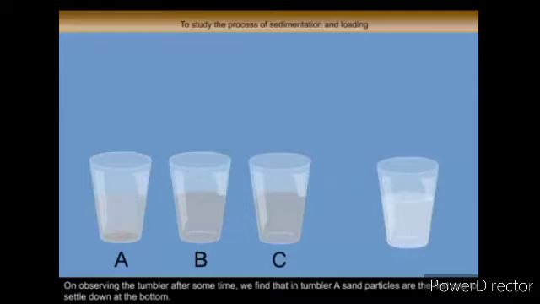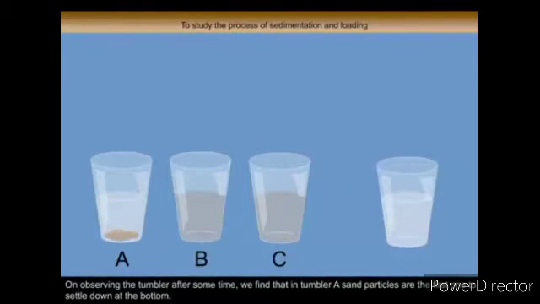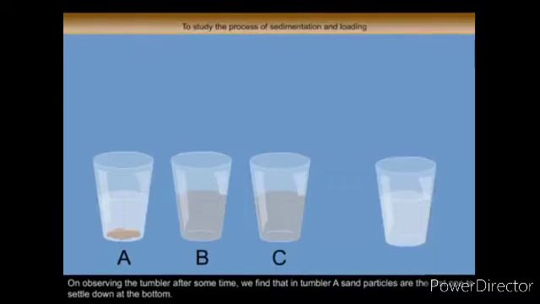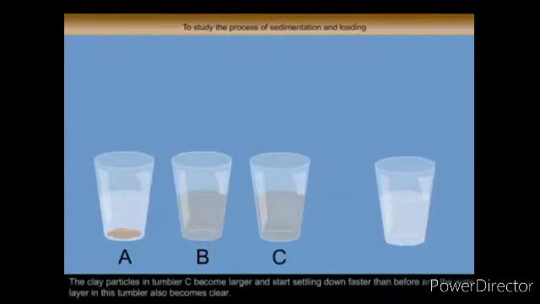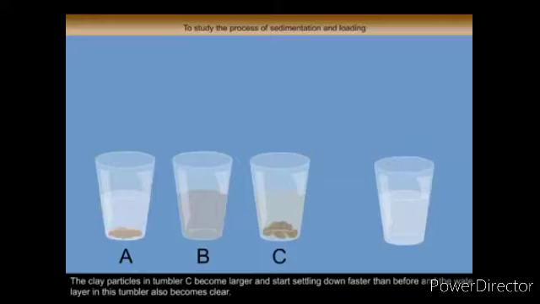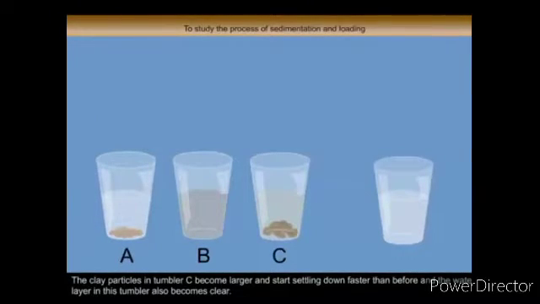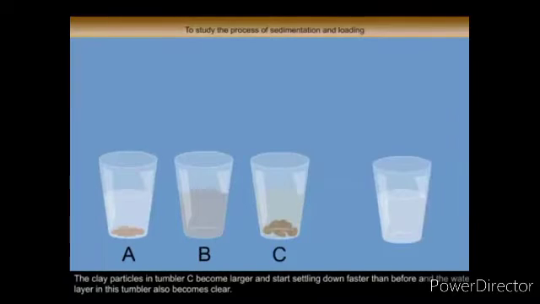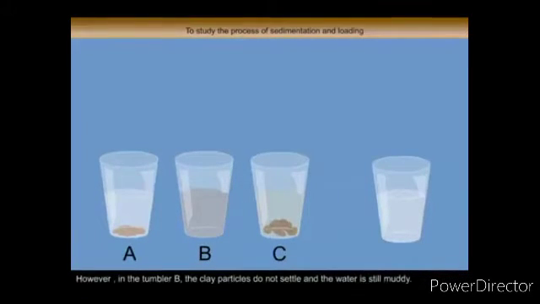After some time, we observe that the sand in the first beaker settled down easily. And after some time, we can see the clay in the third tumbler, in which alum was added, also got settled down.